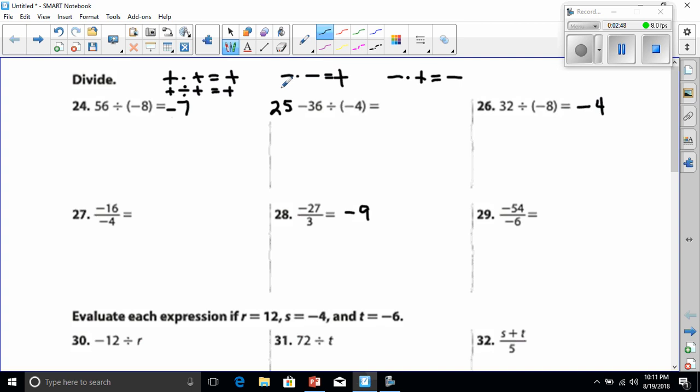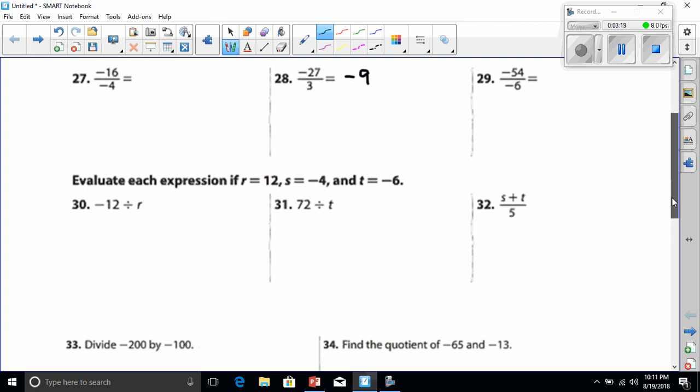A negative number divided by a negative number will give us a positive number. And a negative number divided by a positive number will give us a negative number. All right, let's proceed.